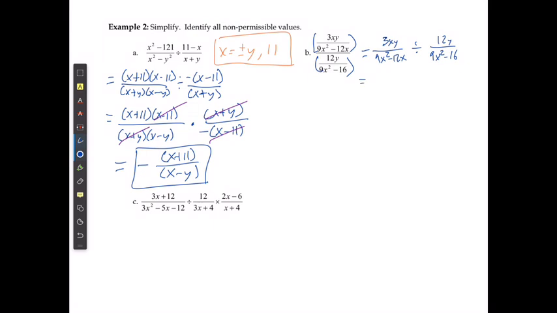I'm going to factor it and say that I have 3xy over 3x(3x - 4) divided by 12y over (3x + 4)(3x - 4).